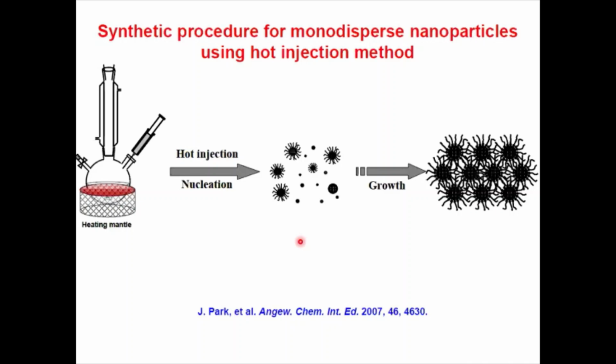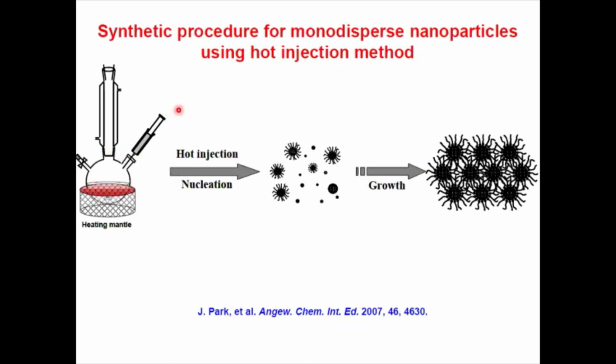So you use a heating mantle with a 3-neck flask and a condenser unit, and you keep whatever surfactant or solvent in the flask and heat it. You introduce the precursor solution through one arm. Sometimes part of the precursor solution will be within the surfactant, if you are going for a 2-component, 3-component or multi-component system.